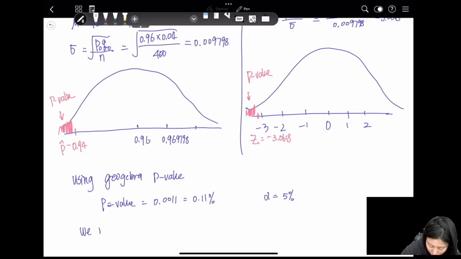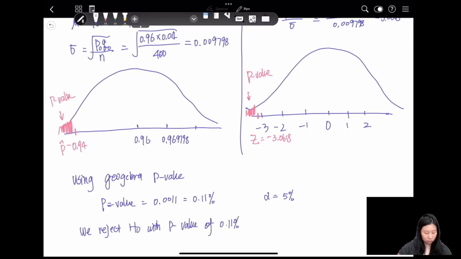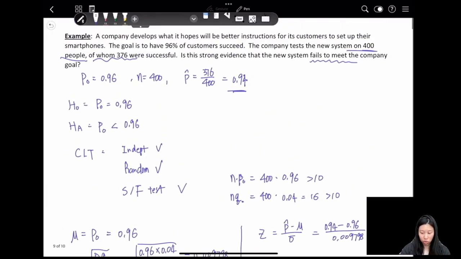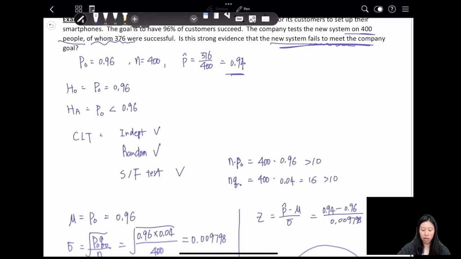So we reject our null hypothesis with a p-value of 0.00%. And then we need to say there is evidence for our alternative hypothesis, which is something that we're trying to prove. The new system failed to meet the company's goal.